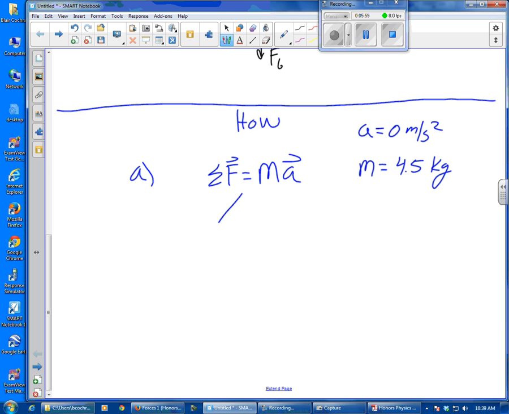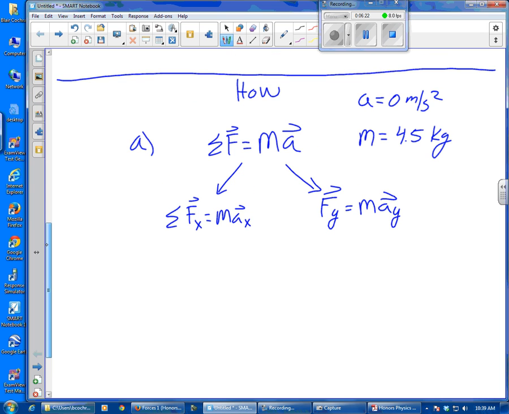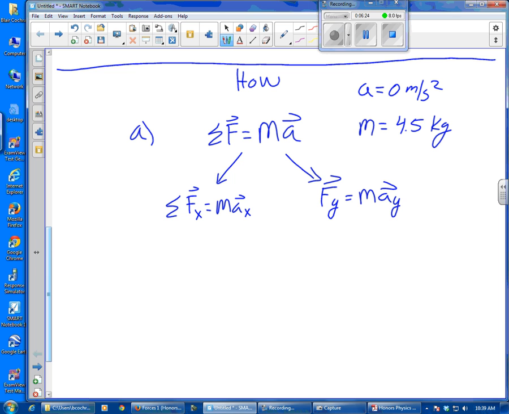Now I can break this down into sum of the forces in the x equals m a x, and sum of the forces in the y equals m a y. I'm interested in finding the force Q, which is in the x direction. So I'm going to ignore the y side and see if I can get it all done in the x and not have to worry about what's going on in the y direction.